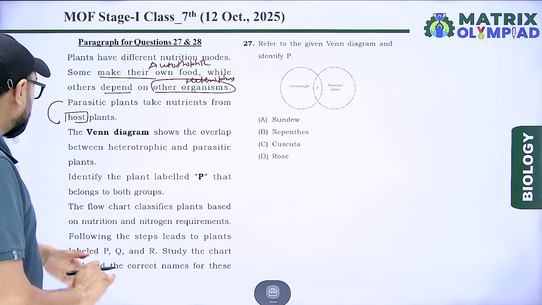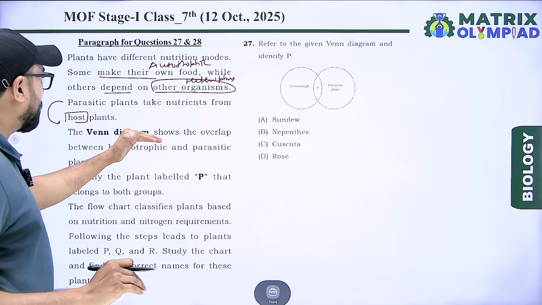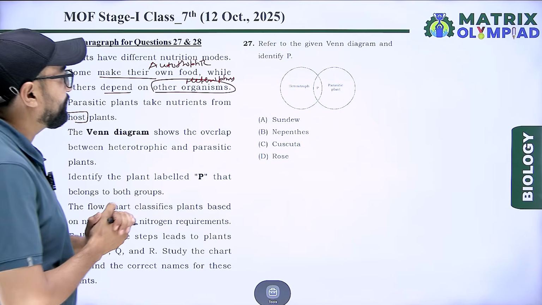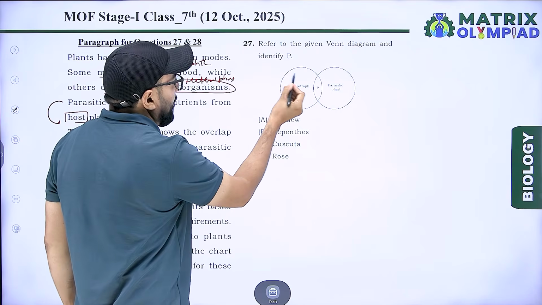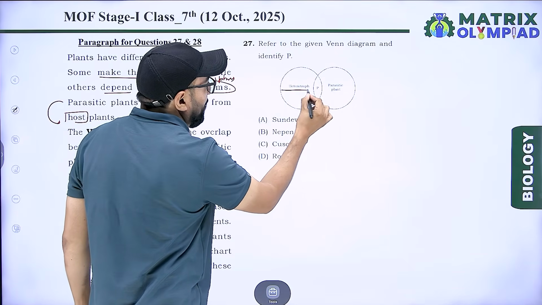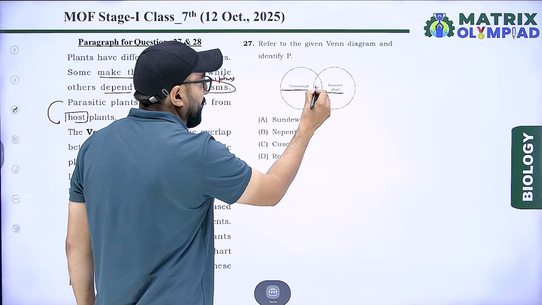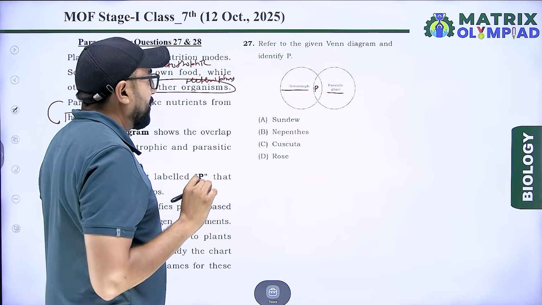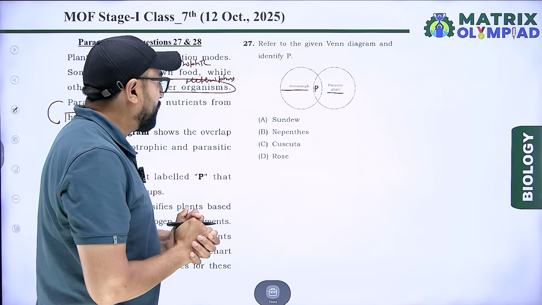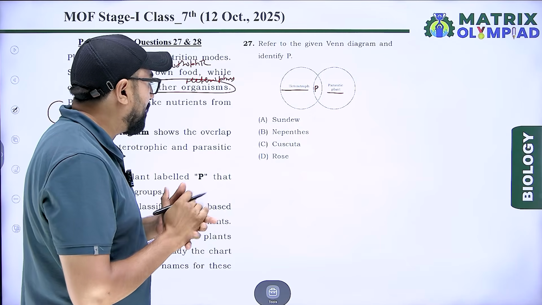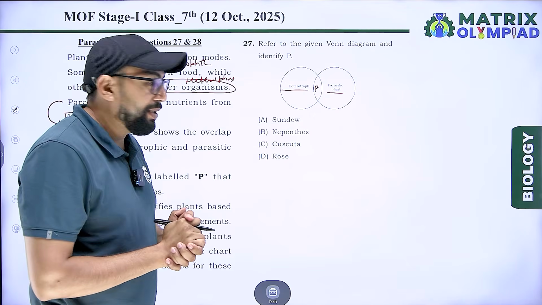Next, the Venn diagram shows the overlap between heterotrophic and parasitic plants. In the Venn diagram, heterotroph and parasitic plant overlap at point P. Option A, sundew. Option B, nepenthes. Option C, cuscuta. And last, D, rose.